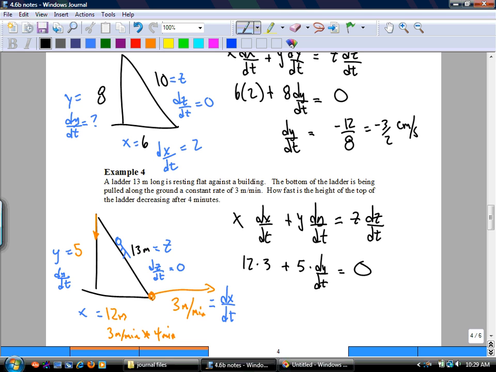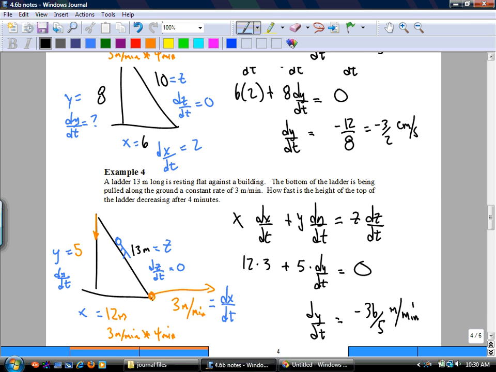He has like 20 seconds to get off the ladder. Well, we can't have any dangerous stunts here. Come on. So dy/dt equals negative 36 over 5 meters per minute.